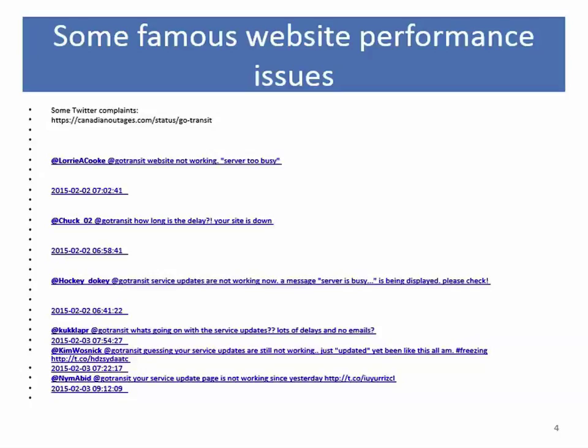I put some social media tweets I found about a recent public website performance issue online. I thought it was pretty interesting and pretty funny, too. But as you can see, there can be some negative publicity dealing with public website performance issues. So it's a good thing to keep in mind when you're architecting your own public-facing websites.